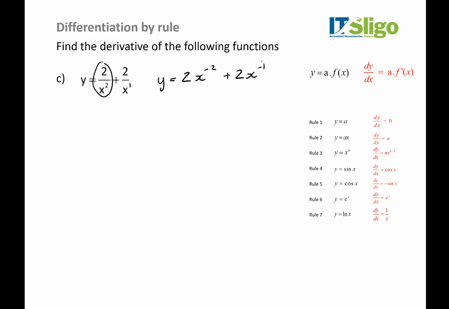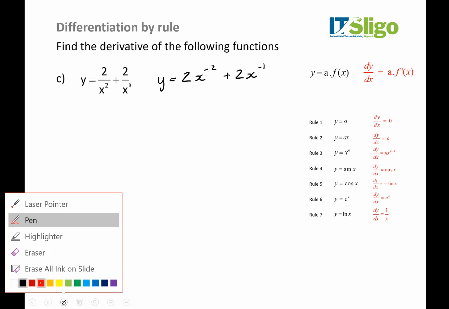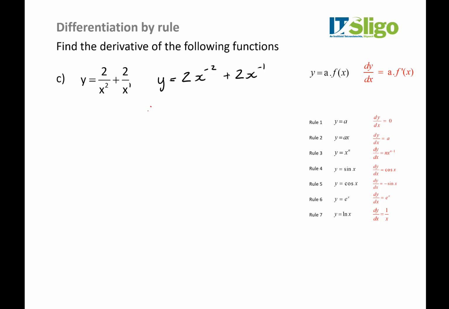So I always prefer to write rational terms or reciprocal terms using powers first. And now I can differentiate dy dx. So the power comes down, gets multiplied by the constant, so minus 2 by 2 is minus 4. Now add minus 1 to the old power. So this will become minus 3.